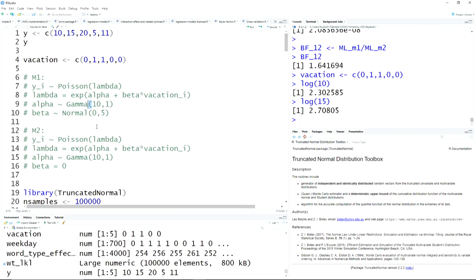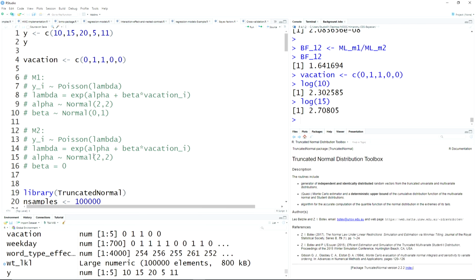So, what we can choose as a prior is normal(2, 2), and this could be normal(0, 1). So, alpha could be normal(2, 2) and beta will be 0.